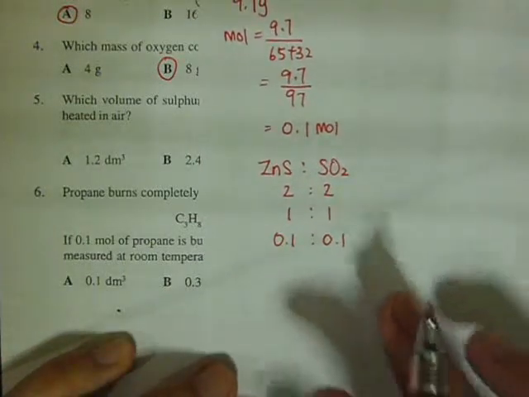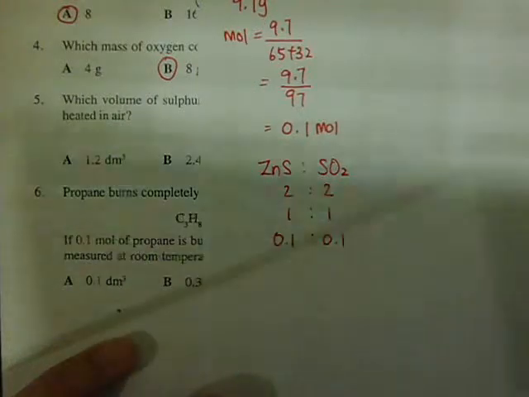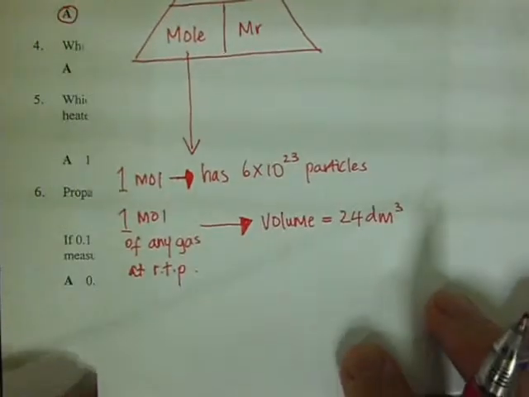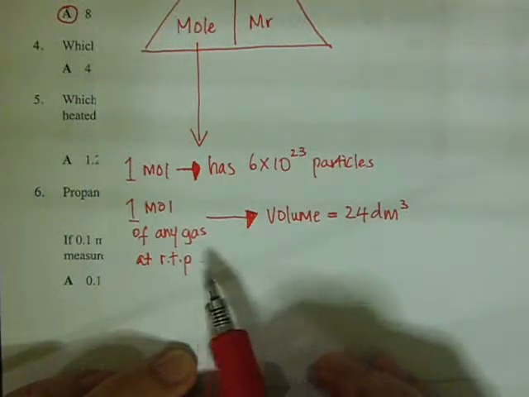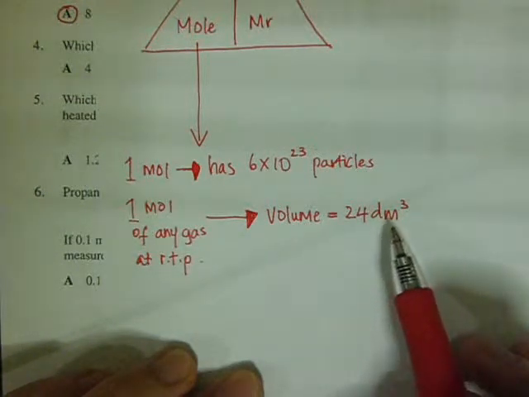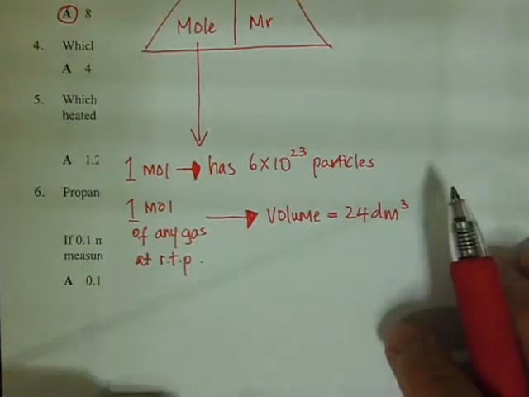Now 0.1 mole of sulfur dioxide, what would be the volume occupied at room temperature and pressure? Now according to the formula, we know that 1 mole of any gas at room temperature and pressure will occupy volume of 24 dm cube. 1 mole occupy 24 dm cube.